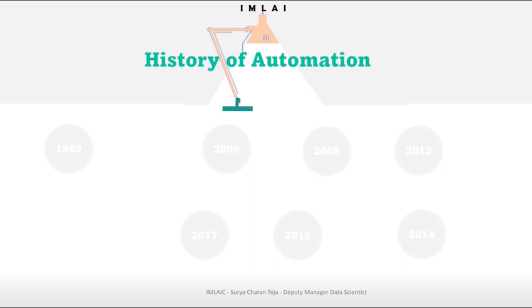Based on this tool popularity perspective, I would like to make you understand the history of automation. This is how the automation world evolved and also got adopted into the DevOps movement.